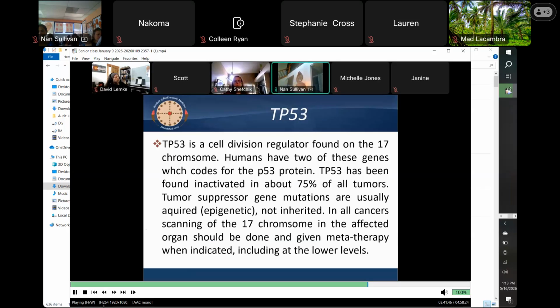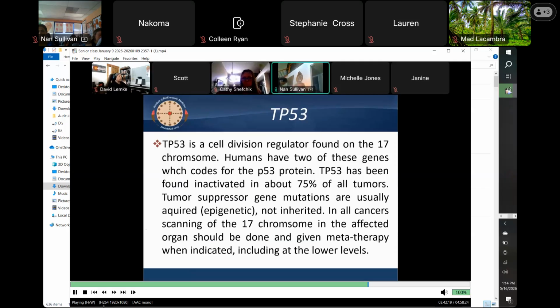Tumor suppressor gene mutations are usually acquired, epigenetic, not inherited. In all cancers, scanning of the 17 chromosomes in the affected organ should be done and given metatherapy when indicated, including at the lower levels.